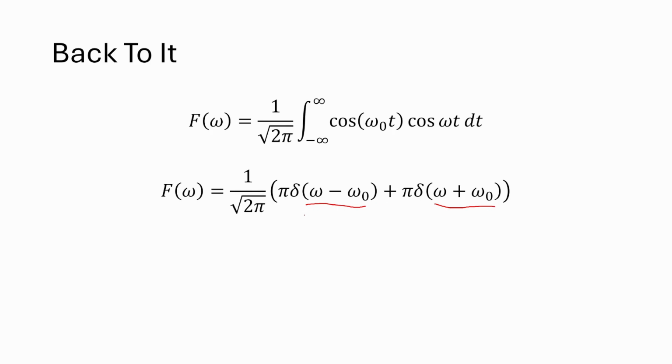Everywhere else, there will be nothing, but at these 2 points, there will be some value to the function. The pi's here are just for normalization. Don't fuss about that too much. If we had more time for this topic, I would get into more of the quantitative details, but I do want to focus on the idea for this one.